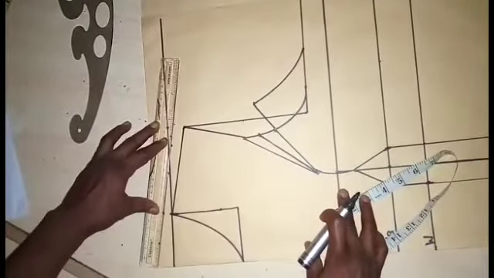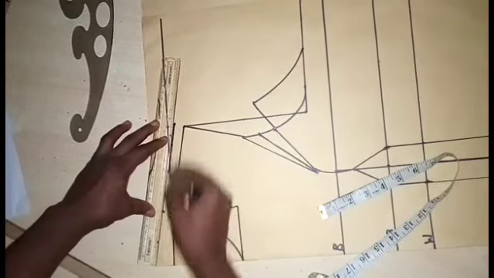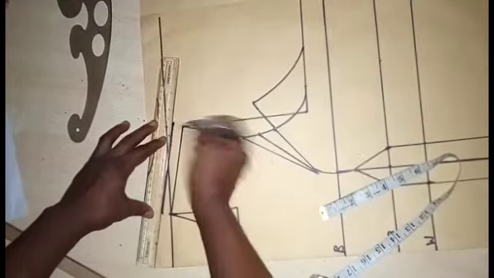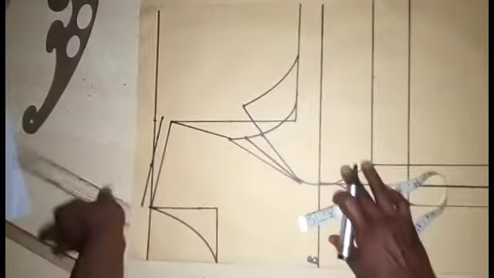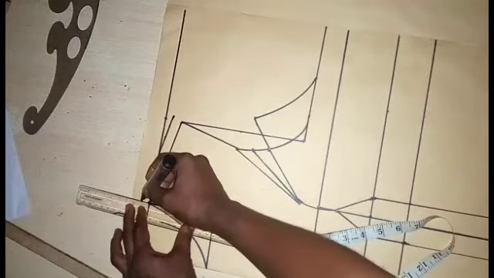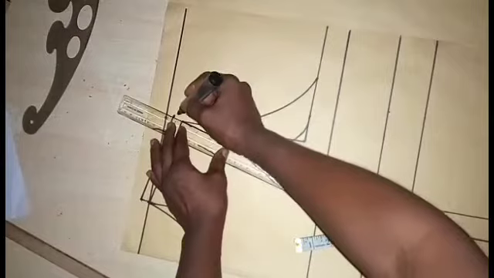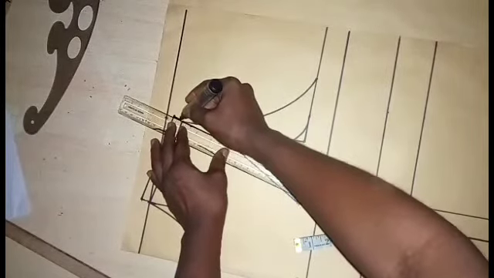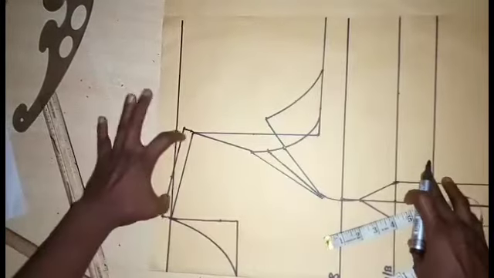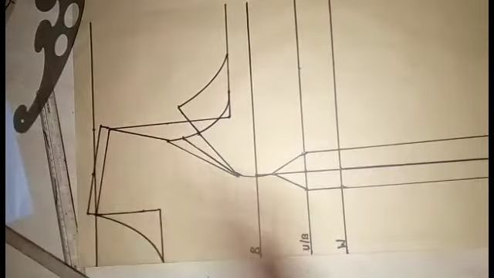So just connect like so. By the time you draw the line, you also connect it to this, and you connect to this. So this is just our seam allowance to join at the shoulder part. So that is it for that.